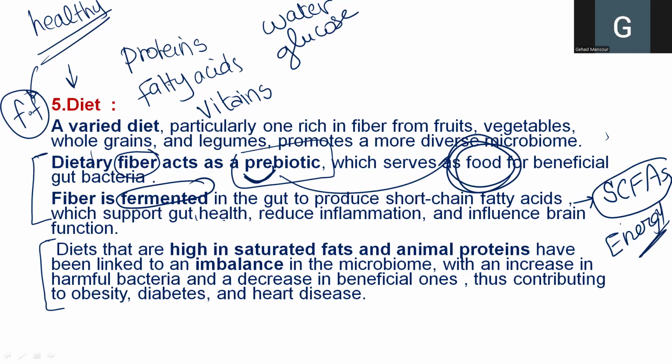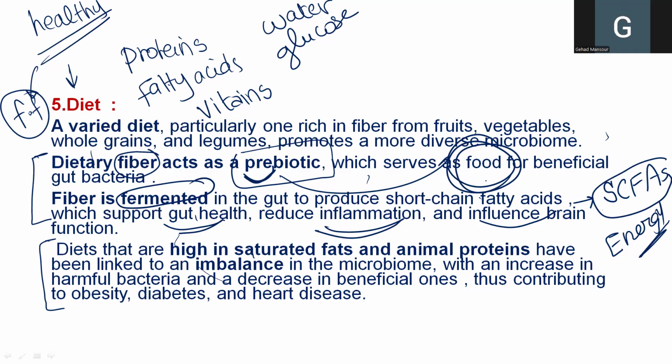The energy is good for the friendly flora. The short chain fatty acids are good for you because they support the health of the gut mucosa. They minimize inflammation, and then they are absorbed to the brain where they prevent Alzheimer's.